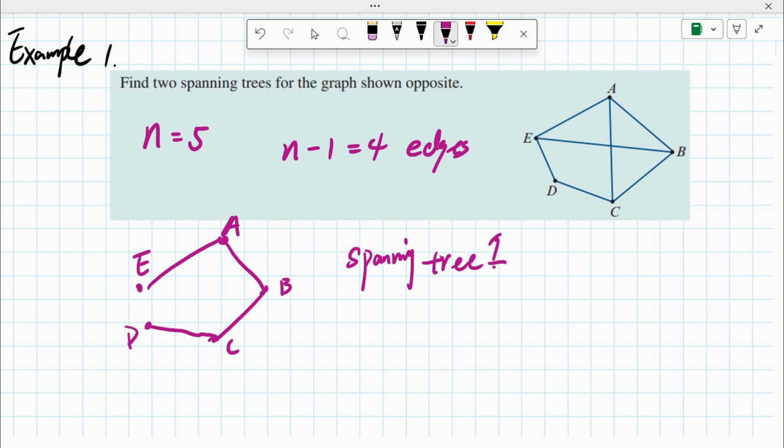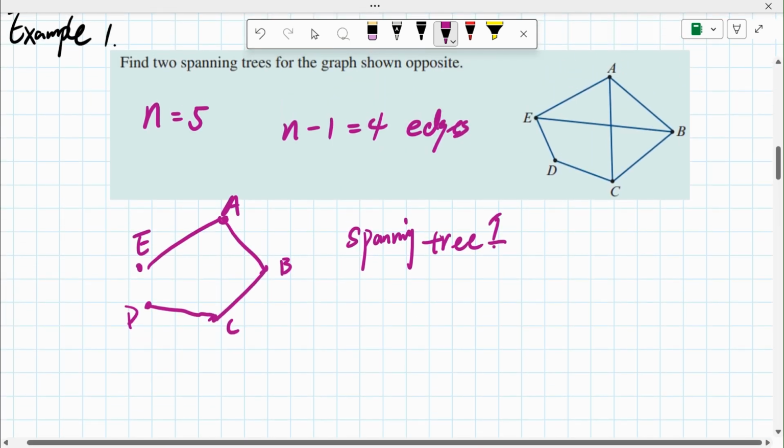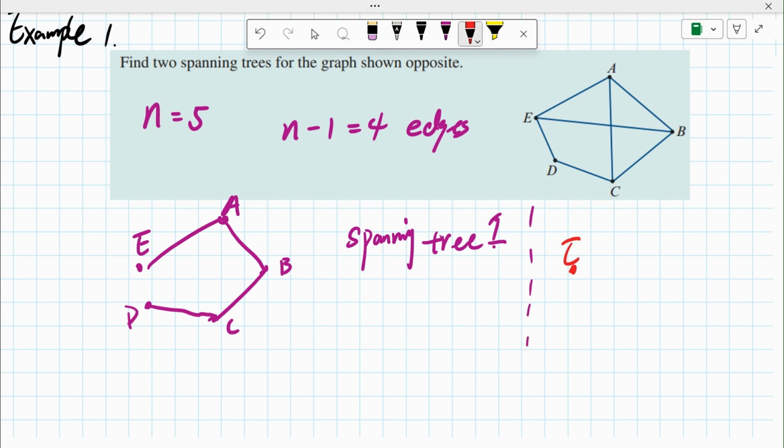And we have another spanning tree. We could do E connecting to D first, and then connect to B. Then B can connect to C and to A. That's another one.